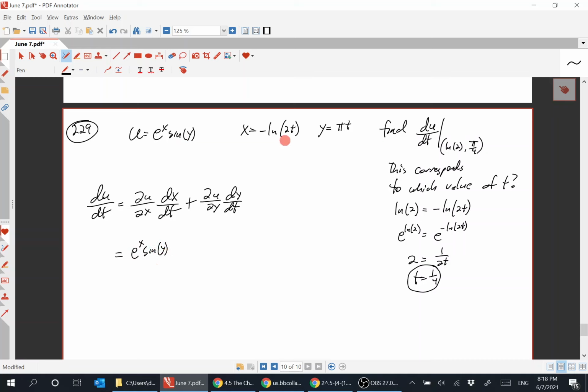Dx dt is minus 1 over t. Yeah, minus 1 over t, because this is minus natural log of 2 minus natural log of t. So the derivative is just minus 1 over t, plus du dy, so that's e to the x cosine y, times dy dt. Dy dt is just pi.